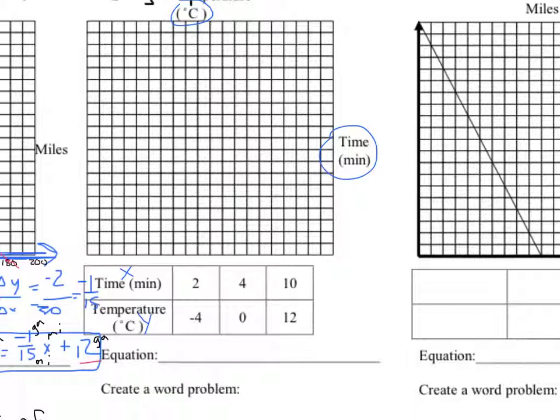All right, so I'm going to go ahead and do the equation first for this one. Why not? This is my change in x. This is my change in y. This is an increase of 4, increase of 12. This is an increase of 2. This is an increase of 6.